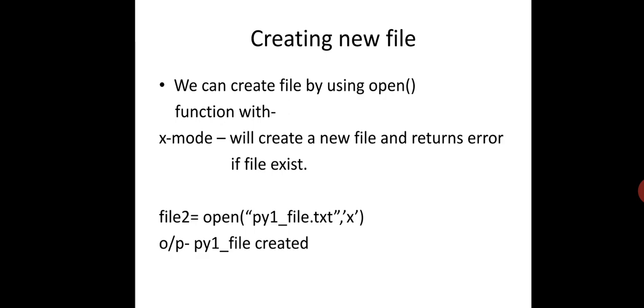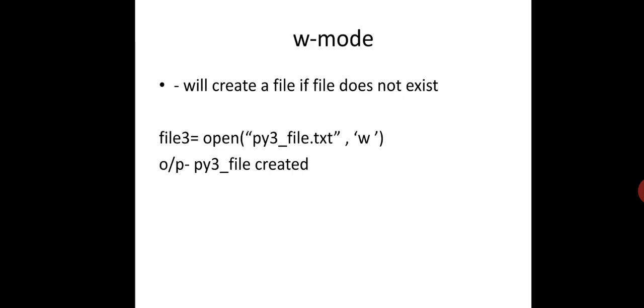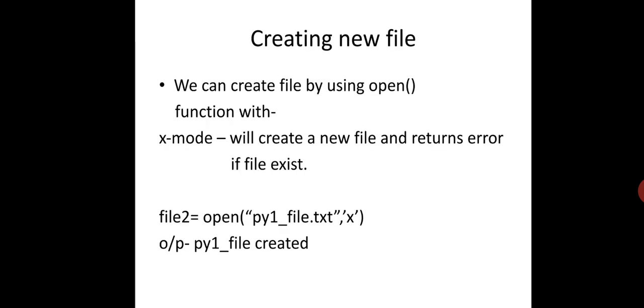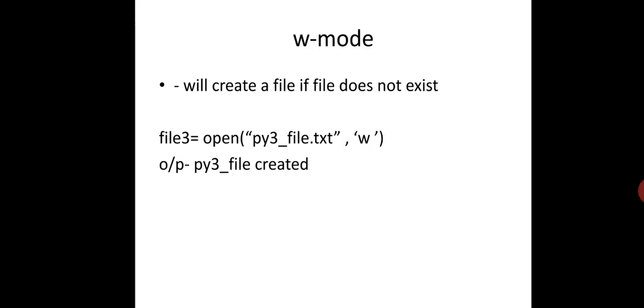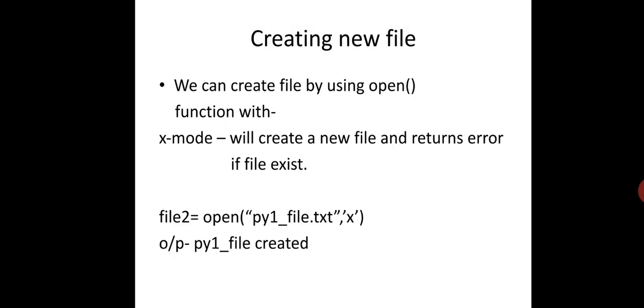For example, in this example code, file2 equal to open py1 file.txt and the mode will be defined by X. If we run this code, the output will be py1 file created.